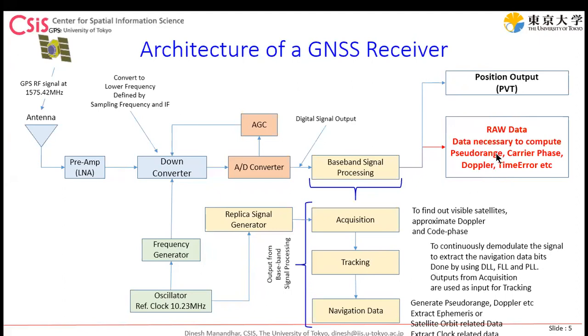We will see how this raw data looks and what we get in the later examples. So this is what we mean by raw data. It's not the position data, it's pseudo range, or even before the pseudo range. All these intermediate data are output from here.